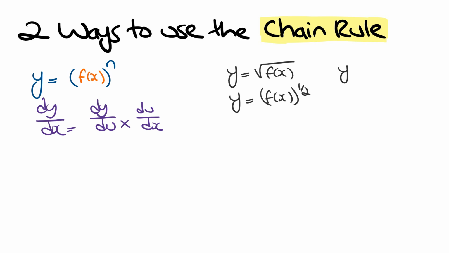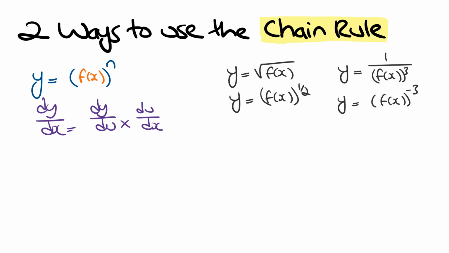Or if we have y is equal to 1 on some function, and this is raised to the power of 3, then in power form we can write this as y is equal to the function f of x raised to the power of -3. This is an important step, so make sure that you can rewrite the function in power form.